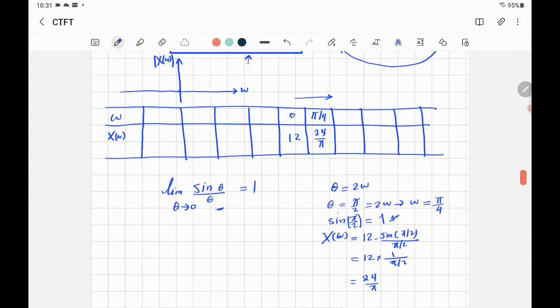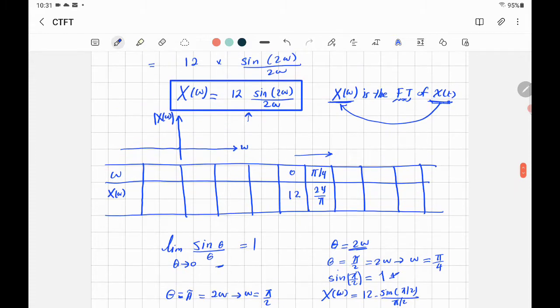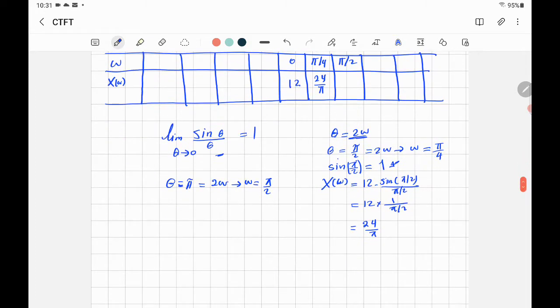Let's move to theta equal to pi. If theta equals pi, and theta we know is equal to 2 omega, it means we're looking at omega equal to pi over 2. So you put in the table omega equal to pi over 2, which will make theta equal to pi. So the value of X of omega will be equal to 12 sine pi divided by pi.